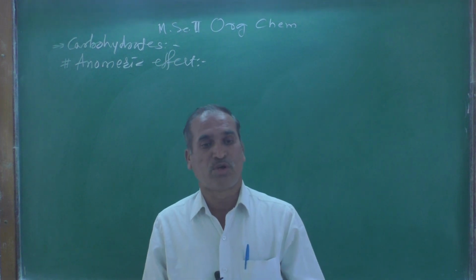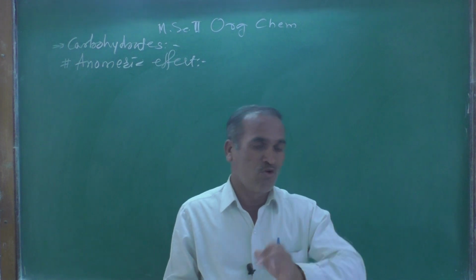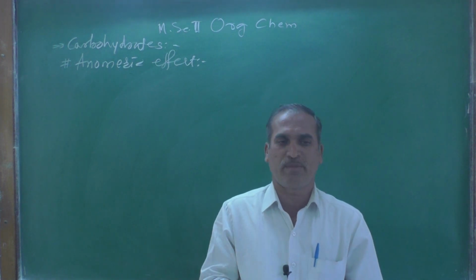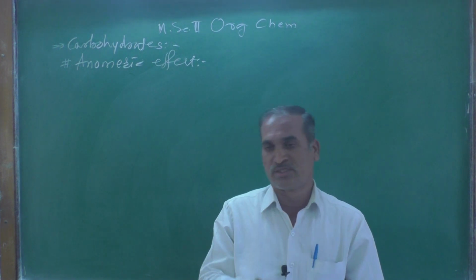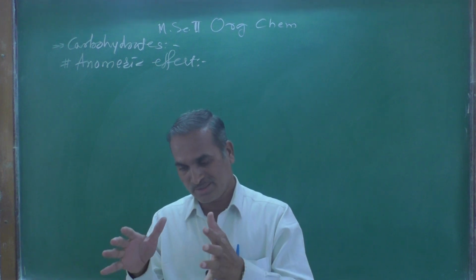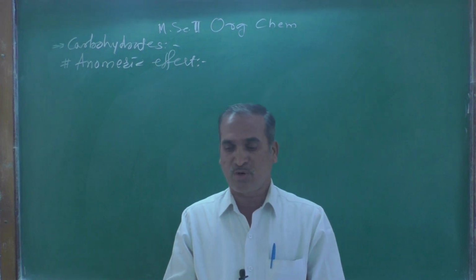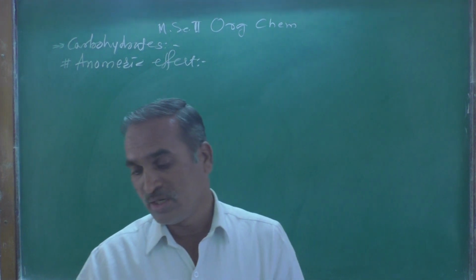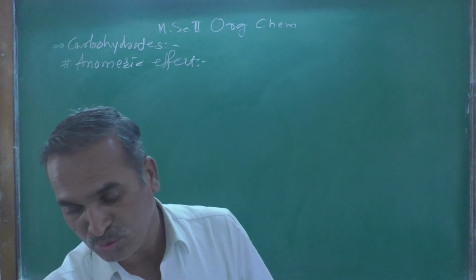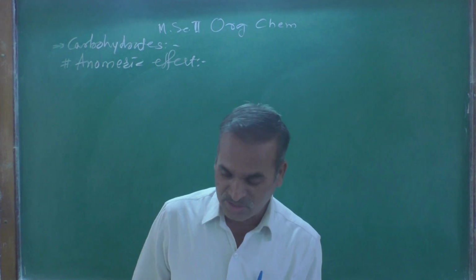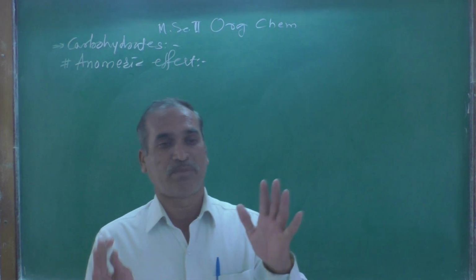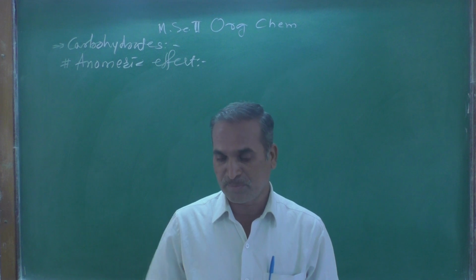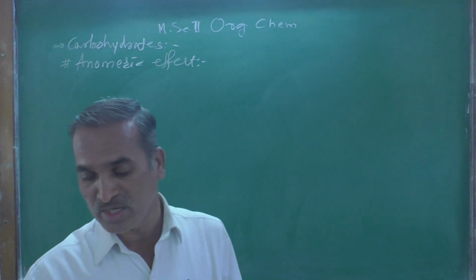Therefore the ring structure fulfils all the evidence for this type of organic compound, and that is why we see the ring structure of glucose. This is all about the discussion we already studied, but I have repeated those points once again.